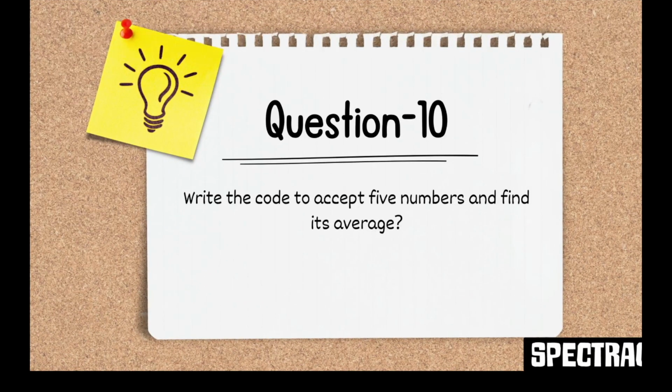Write the code to accept 5 numbers and find its average. Now let us get the 5 numbers as input. So I'm going to take it as in1 and ask the input, int input, enter number. Now we're going to repeat the same thing four more times so that we get the 5 numbers, in1 to in5.